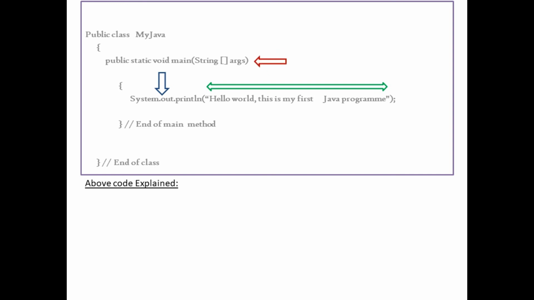You need to have a main method in every program, and this is the System.out.println display method, and the text between the two inverted commas is gonna be displayed on the screen.